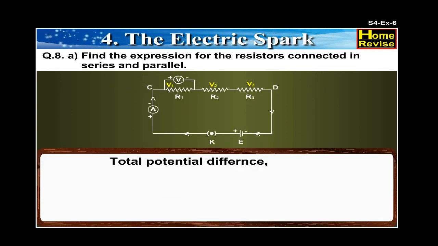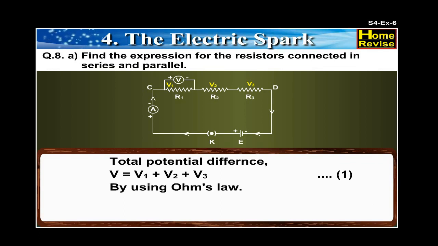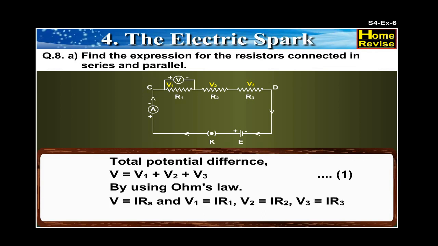Total potential difference V is equal to V1 plus V2 plus V3. This is equation first. By using Ohm's law, V is equal to I Rs.